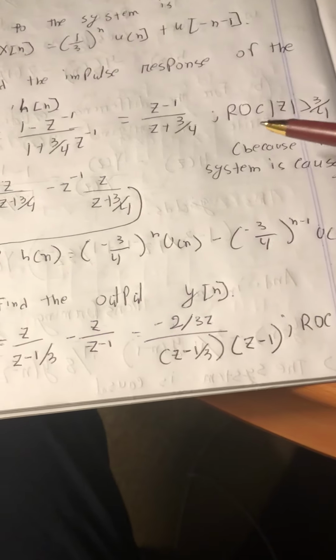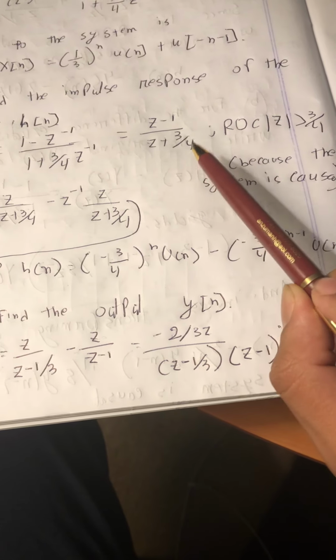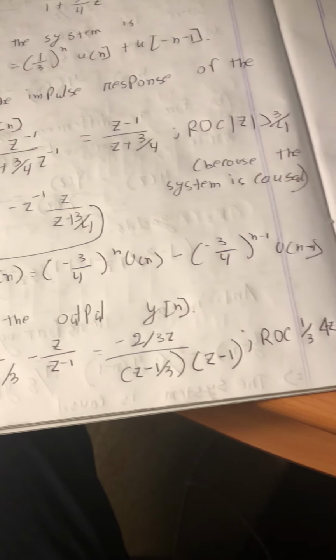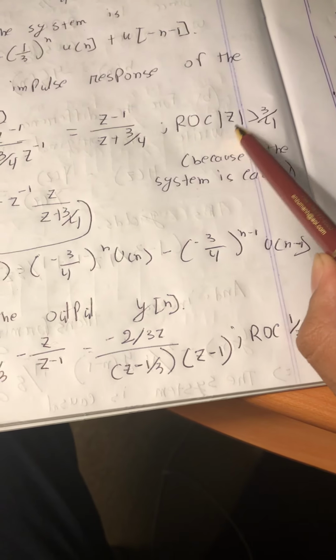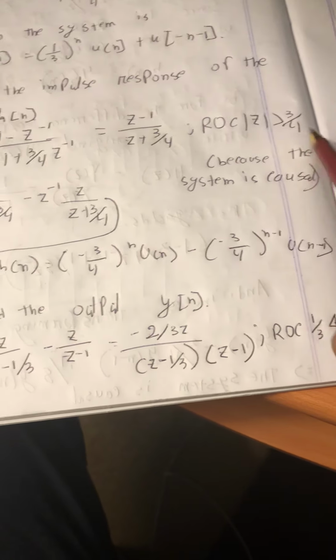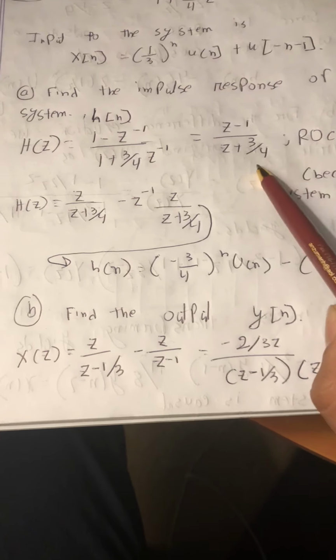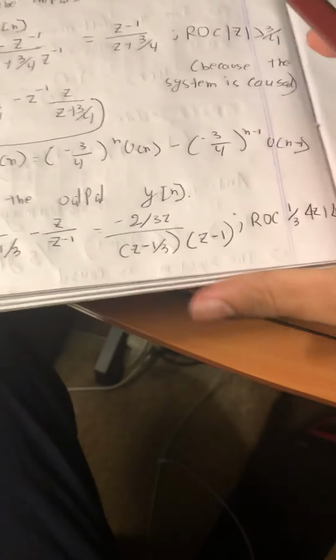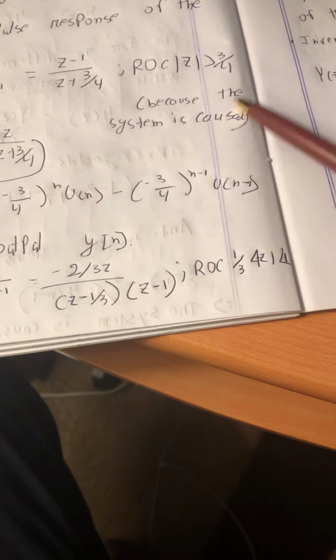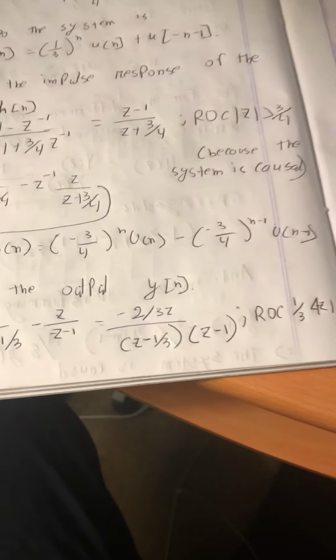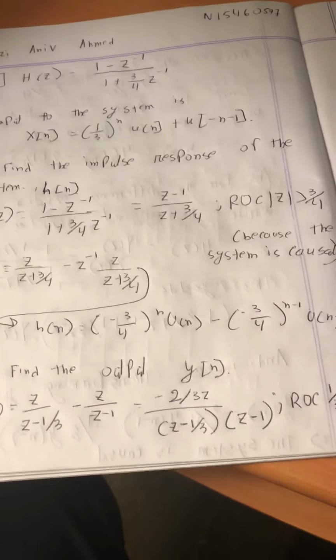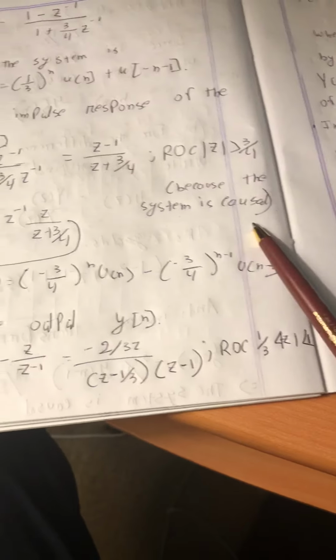Now if we set z plus 3/4 equal to 0 to solve for the ROC, we can see that the ROC of z will be greater than 3/4. So we have the ROC for H(z), and we can say that because the system is causal. Since we're told that it's a causal LTI system, we are assuming that.